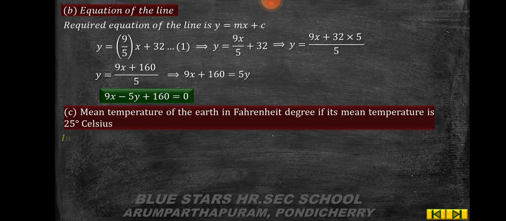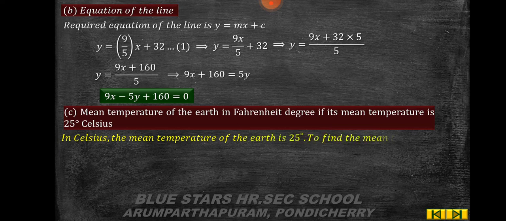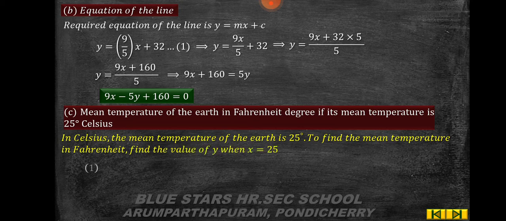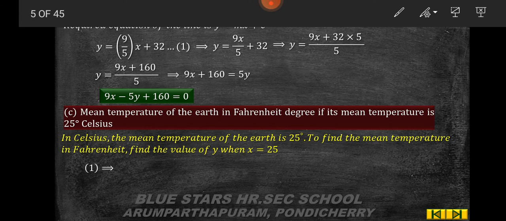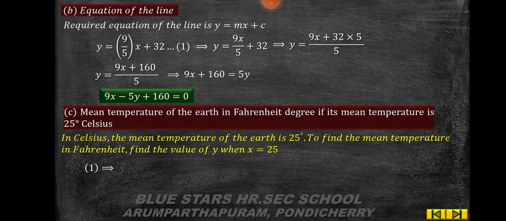Then next C, the mean temperature of the earth in Fahrenheit if its mean temperature is 25 degrees Celsius. So in Celsius, the mean temperature of the earth is 25 degrees. To find the mean temperature in Fahrenheit, you have to find the value of y when x is equal to 25. So the equation implies y is equal to 9 by 5 into x plus 32.